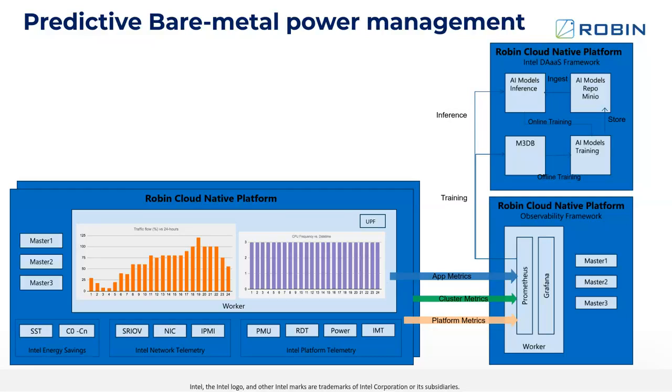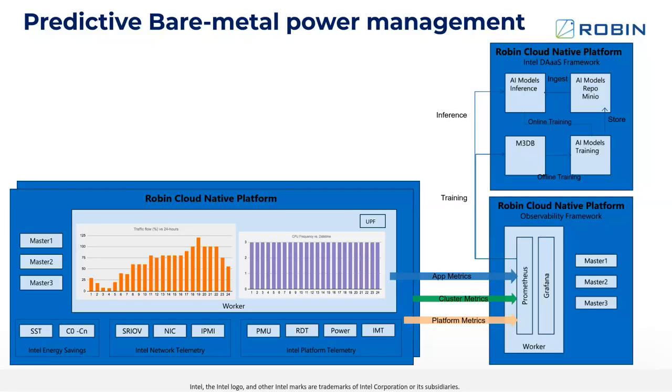So we basically take the Prometheus data and train a model based on that data, store it in the repo, and create inference models to adjust certain parameters to achieve the optimum result.